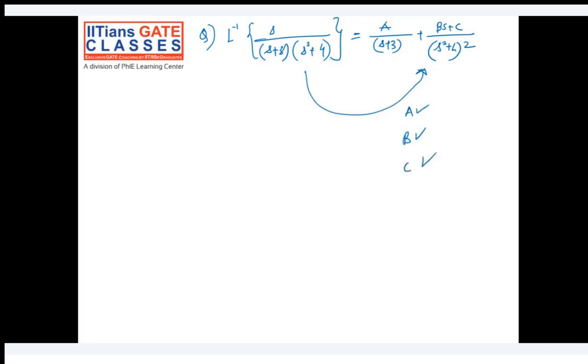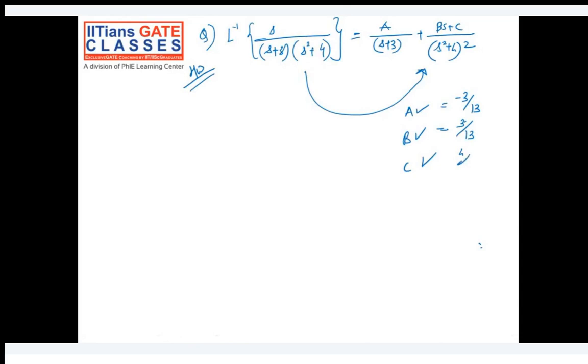This is the homework question you try on your own. A value is minus 3 by 13. B value is 3 by 13. And C is 4 by 13. Okay.